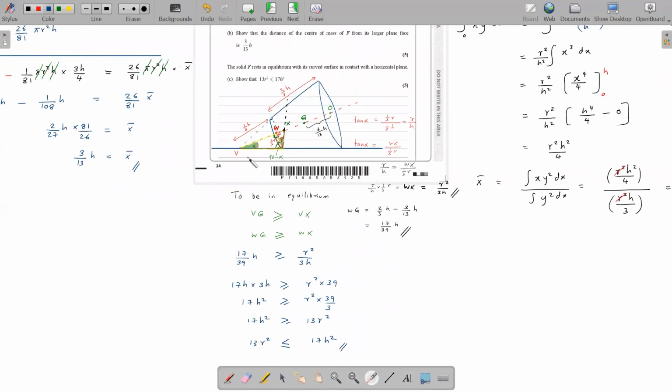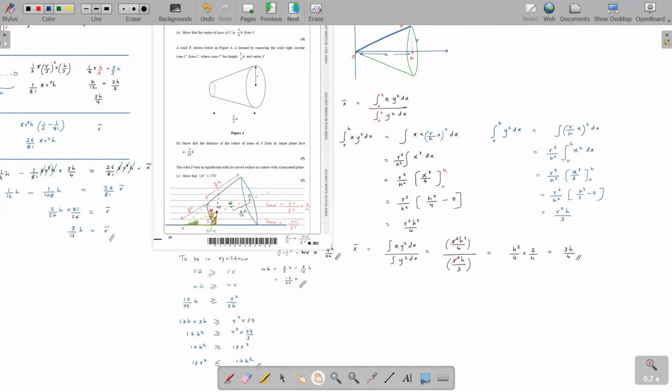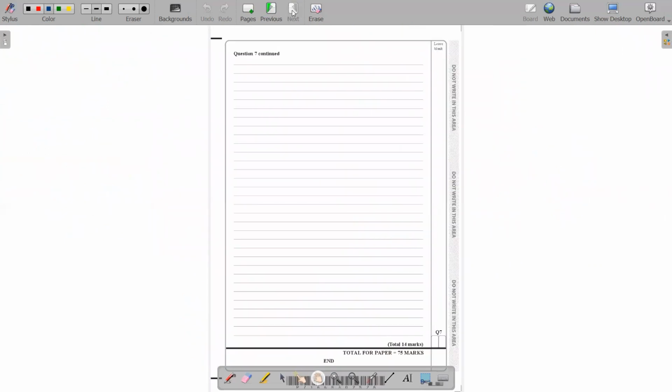I explained this in a previous video as well. This part is a little bit tricky. Okay, but if you can understand how to take the distances, then you can get the show that quite easily. Okay, so this is the end of the October 2021 M3 paper.